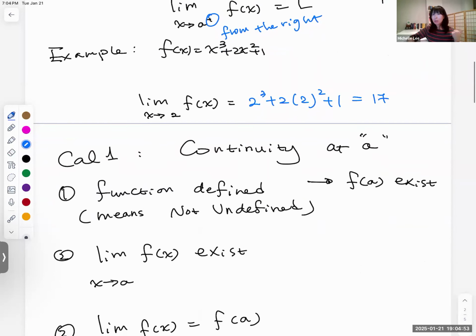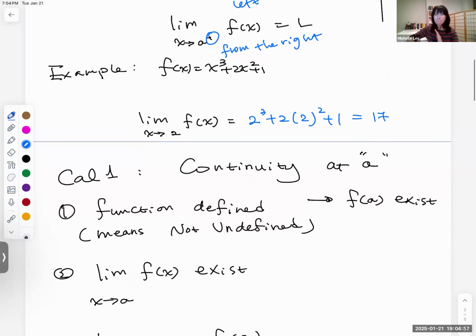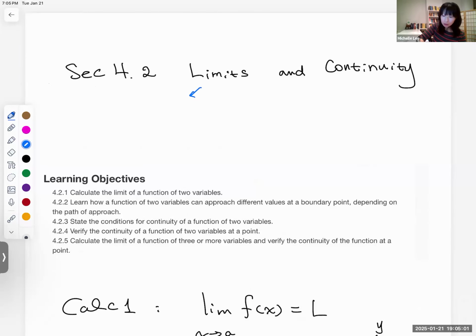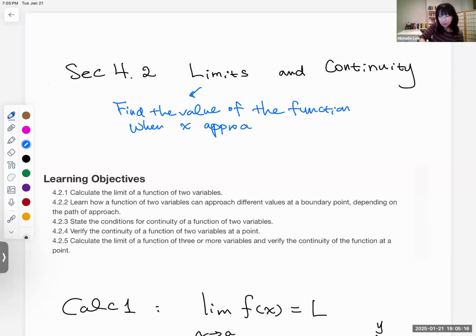In calculus 1, what was continuity at a? Basically, we find the limit, the value of the function when x approaches a, right?